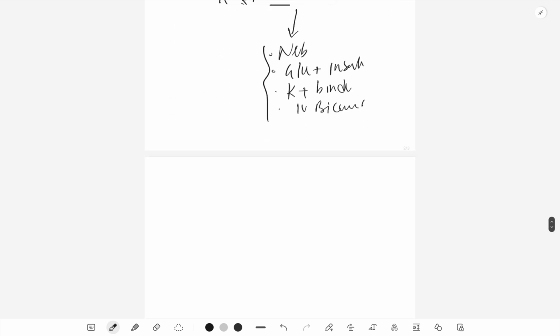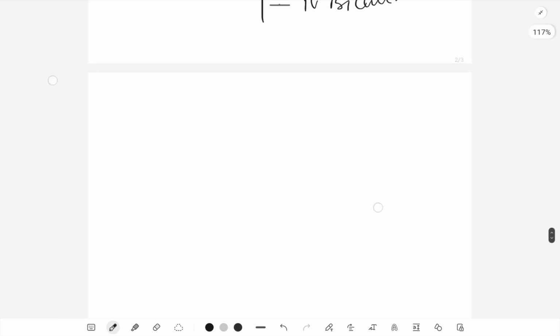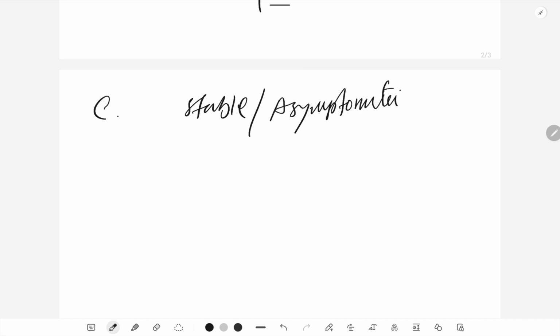So now we will proceed to category C, or group C, when the patient is stable, of course, asymptomatic, ECG criteria, of course, normal, and potassium level less than 6.